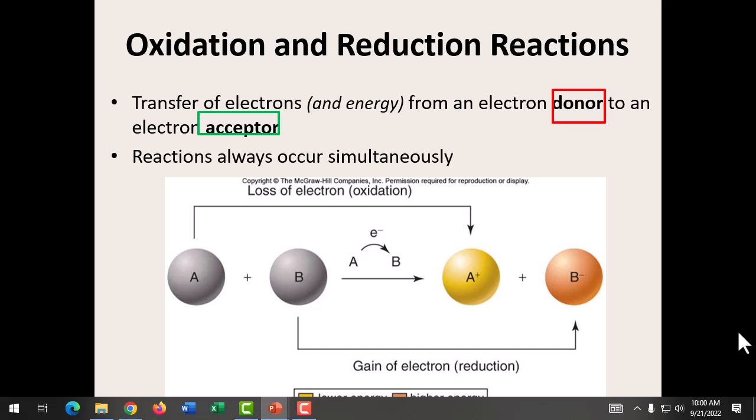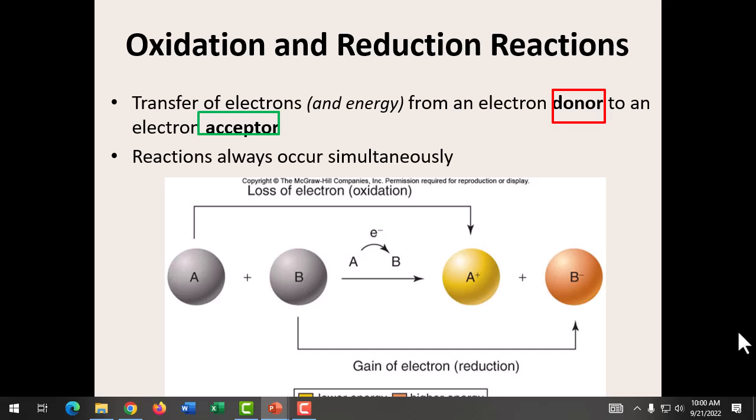Anything that picks up the electron becomes the acceptor, and the thing that's giving away the electrons is called the donor. And they happen simultaneously because electrons aren't floating around hanging out. As soon as something releases an electron, something picks it up. So on my 2 molecules, they're hanging out together. My molecule A is going to lose an electron.